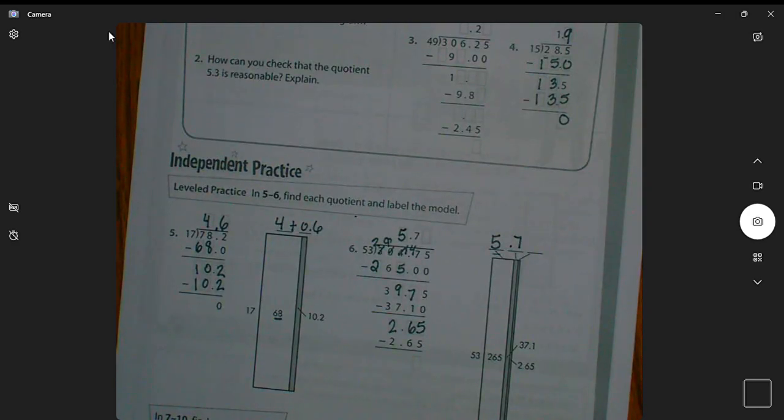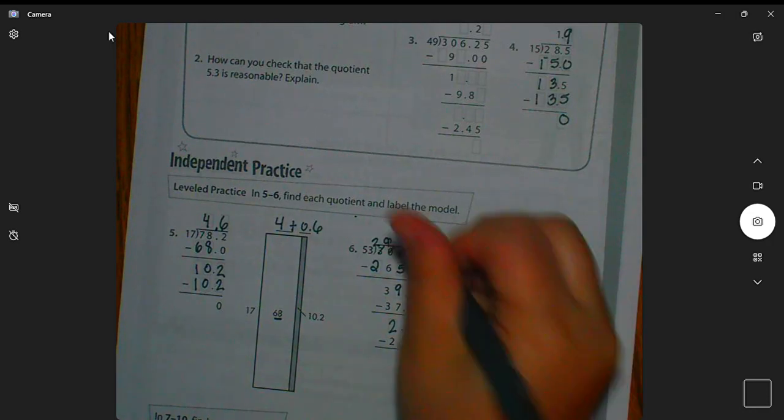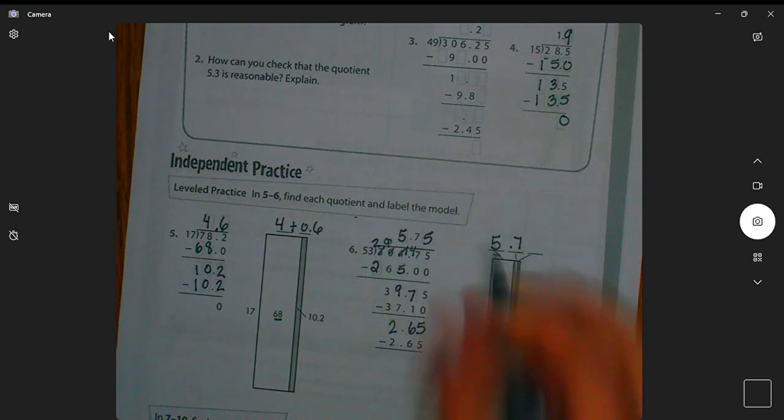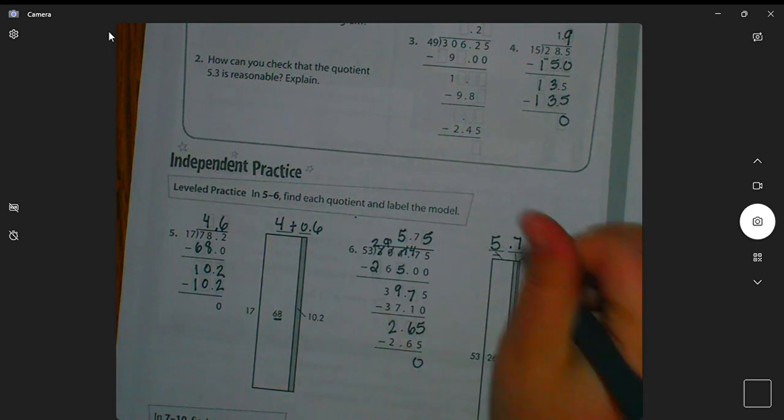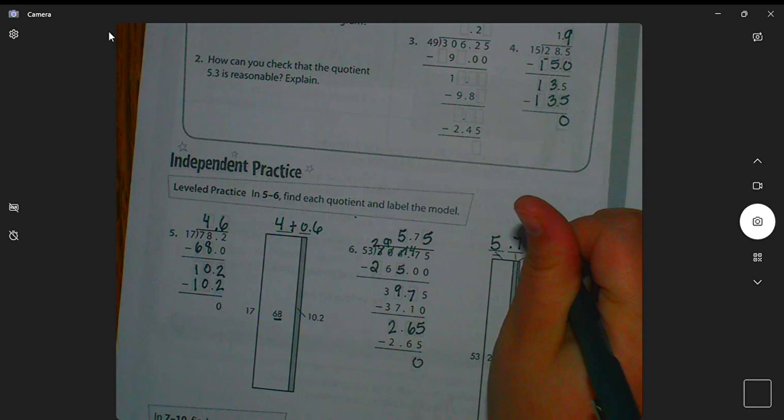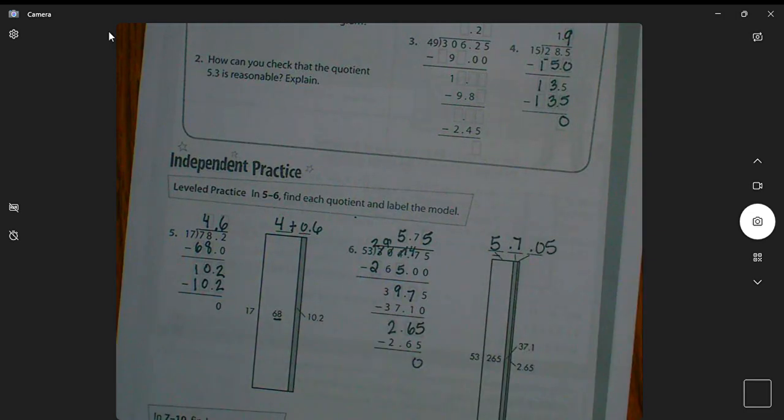I can. I can start out with 53 times 4. That gives me 212. That's not close enough. So I'm going to say 53 times 5. And that gives me 265. So I'll zero out. And that's 5 hundredths.